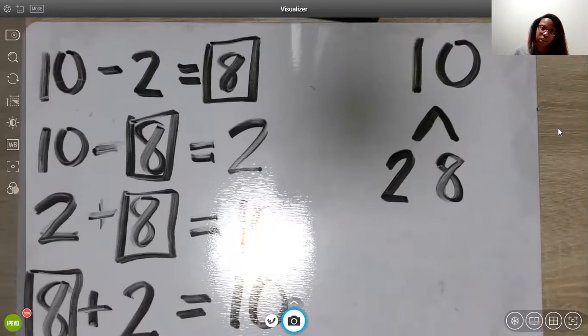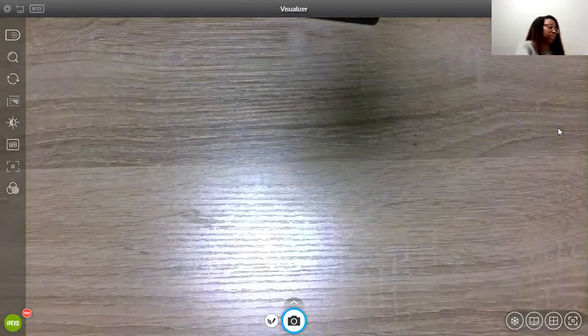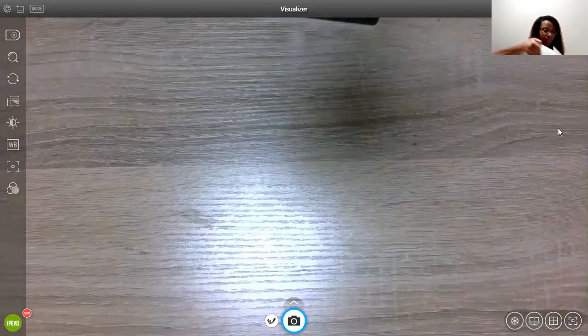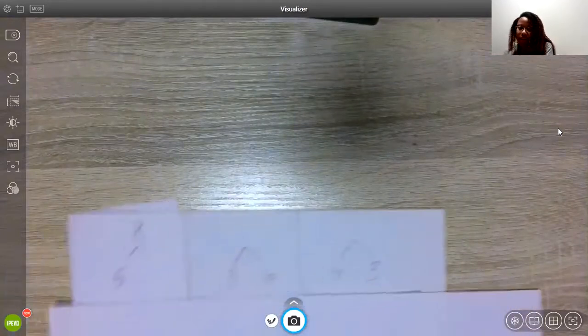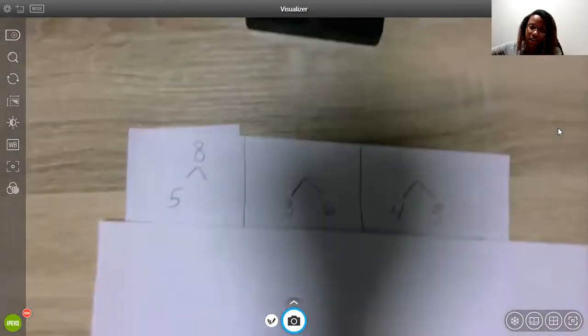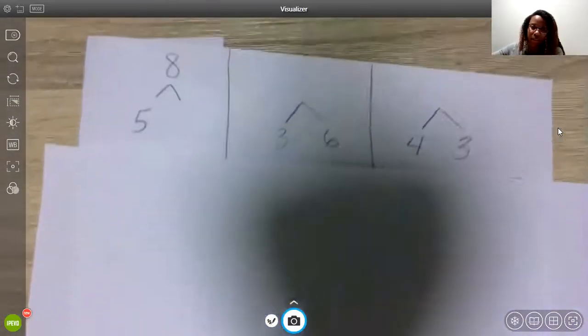Now you're going to be able to do some on your own. Here are your 3 number bonds. Let me zoom in for you to see a little bit more.